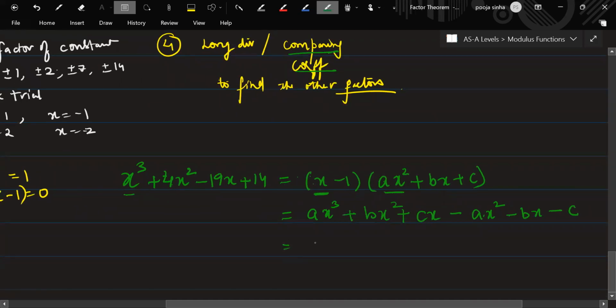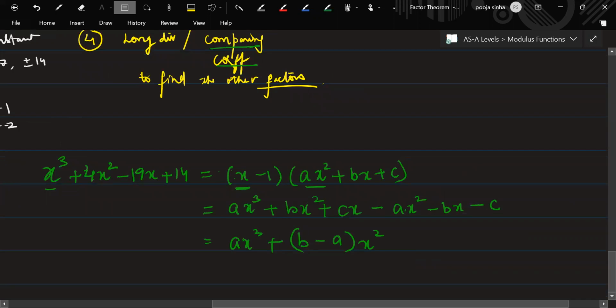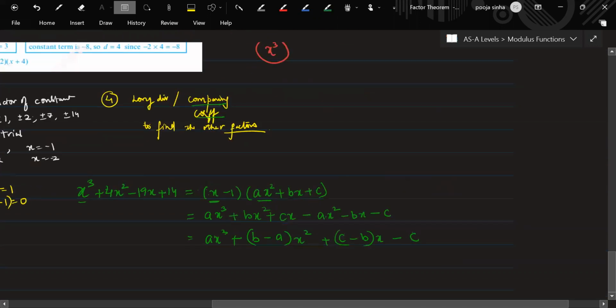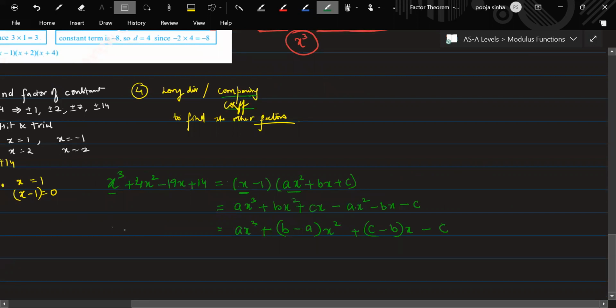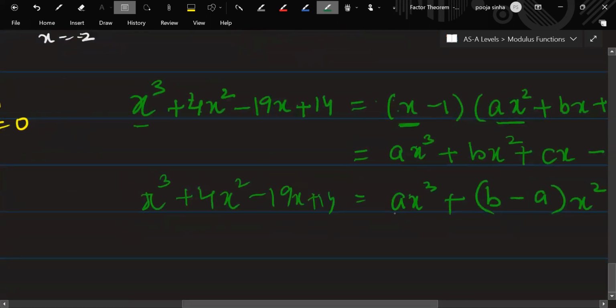Which is equal to ax cube plus (b minus a) x square. I'll put them together. Plus (c minus b) x, put the x together, minus c. Right? Now we are going to compare with this: x cube plus 4x square minus 19x plus 14.